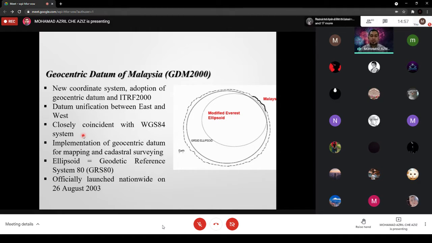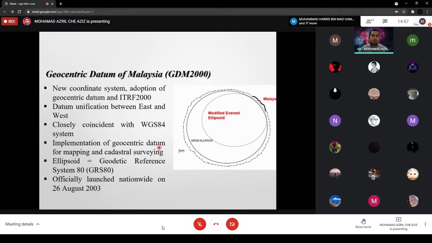Another datum we call WGS 84, that is a global datum. Previously when you used a GPS, you could use a datum referring to the WGS 84. So meaning the GDM 2000 is almost closely coincident with the WGS 84.